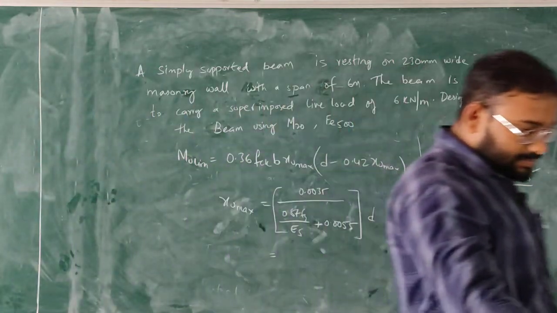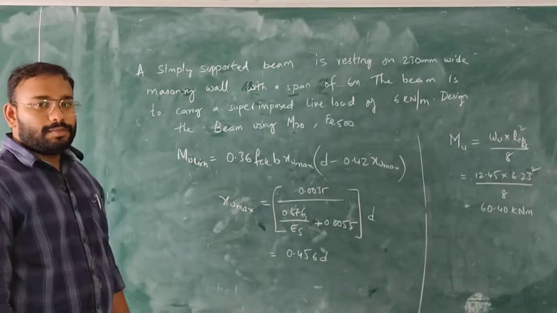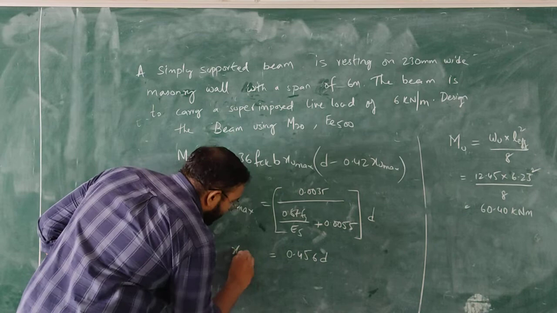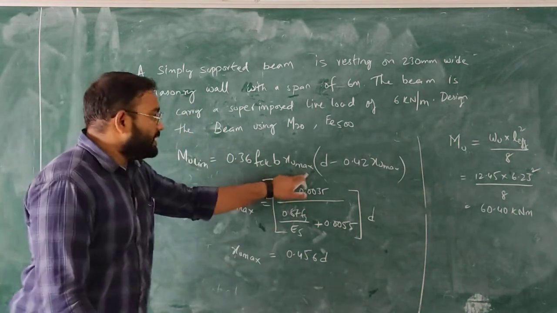Give me the calculator. So this will be Xu max is equal to 0.456 D. So I'll substitute this relation here.